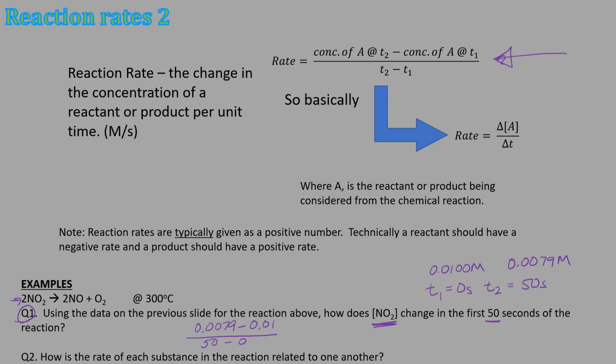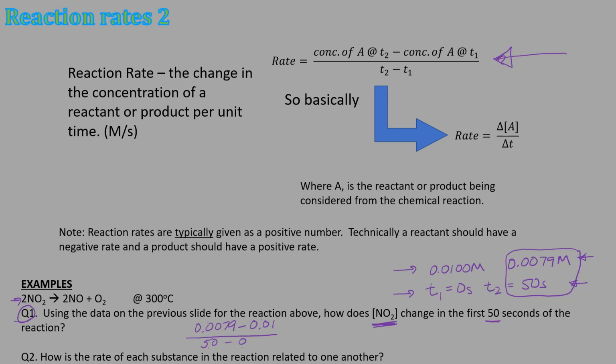These two numbers are one point on the graph, that's the y value and that's the x value, and then this is the y value and this is the x value. So you have to do it in the same order. I did second minus first: the second molarity minus the first molarity, over the second time minus the first time.